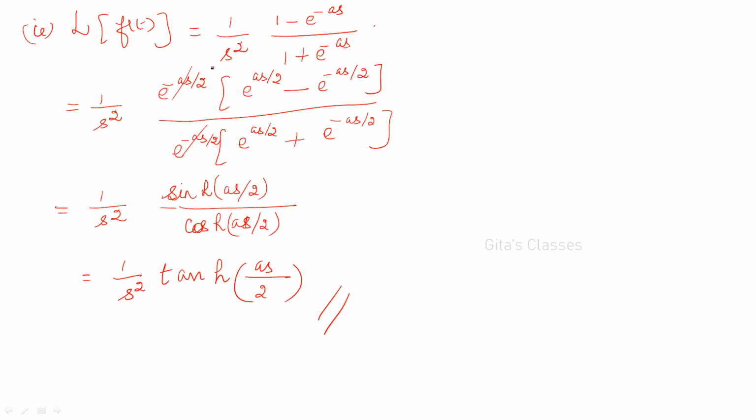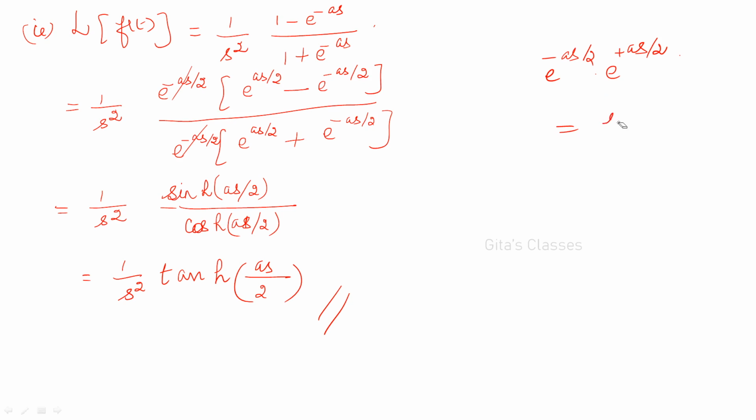So I can take e power minus as by 2 outside. I can write it as e power as by 2 minus e power minus as by 2. Actually, if you want to take this outside, you take half of that. So you can verify: e power as by 2 into e power minus as by 2 into e power as by 2 is what?